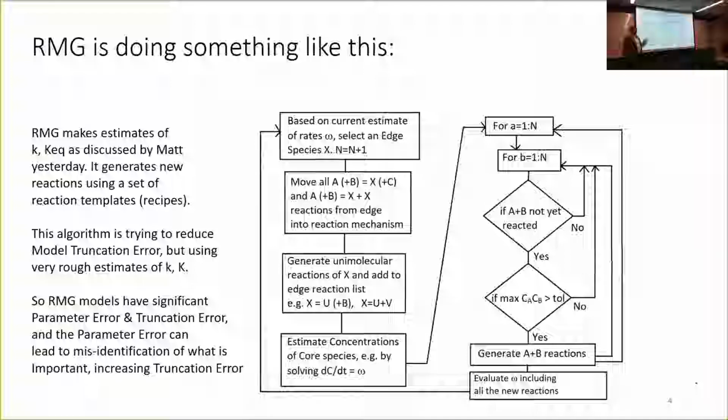At the end, when you print out a model from RMG, very commonly you have significant parameter error because some of the K's are bad and some of the thermo is bad. And you also have significant model truncation error, because although RMG might say it's converged to some level, it might have mistakenly converged the wrong way, so it included some stuff that was not important and ignored some stuff that is important.